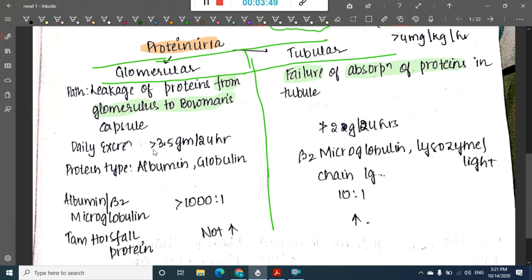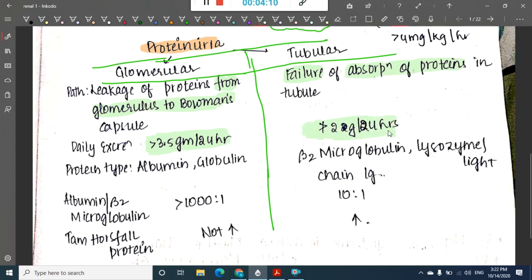Then if you see daily excretion, for glomerular proteinuria, daily excretion is more than 3.5 gram per 24 hours. Tubular proteinuria should not be more than 2 grams per 24 hours.